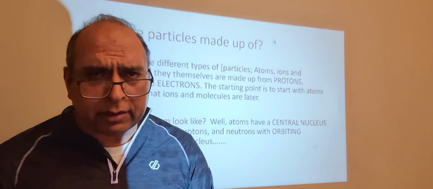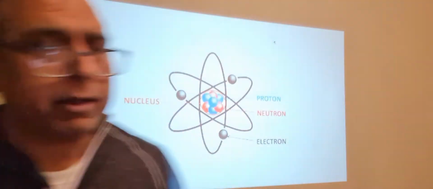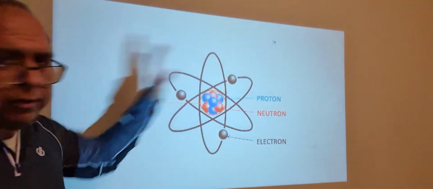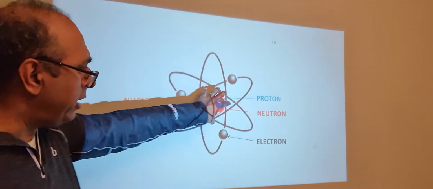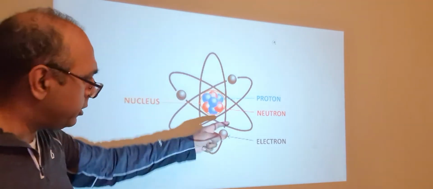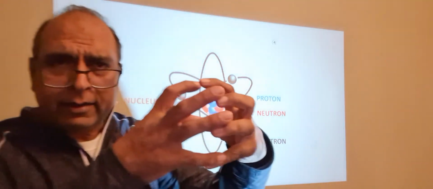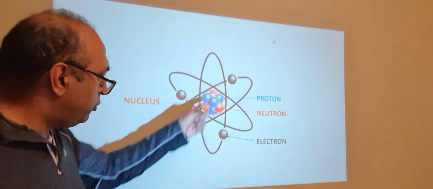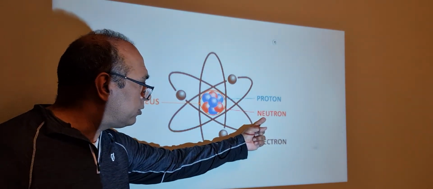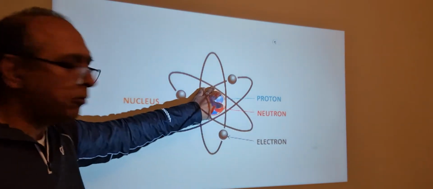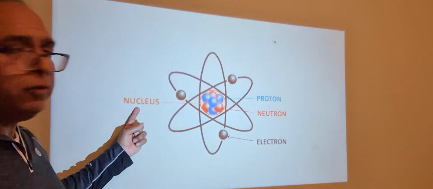One is a three-dimensional diagram. Here we go. I want you to picture atoms as being made up of a central nucleus. That is that centre, highly dense nucleus, which has got in it protons and neutrons. So protons and neutrons make up the centre, and that's the nucleus.